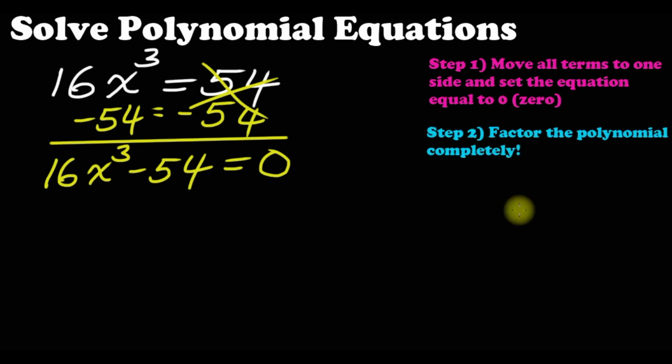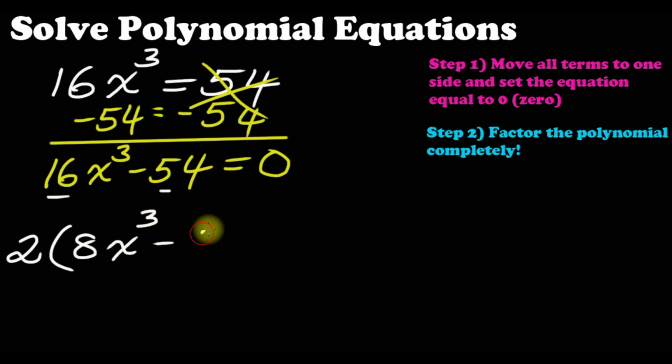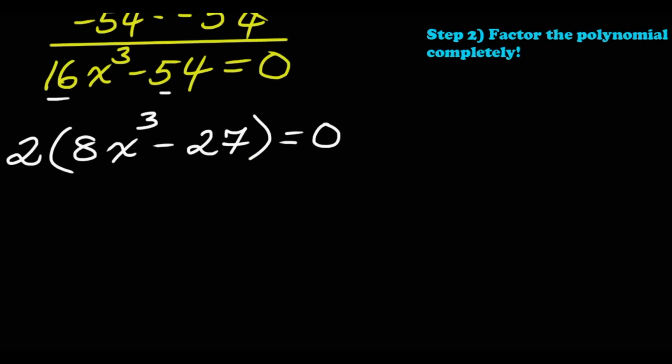Okay, so step 2 is to factor the polynomial completely. We're going to factor the 16x cubed minus 54. 2 is your greatest common factor, so I pull a 2 out. I have 8x cubed, take away 27, and that's going to equal 0. And then inside, it looks like I have a difference of two perfect cubes.